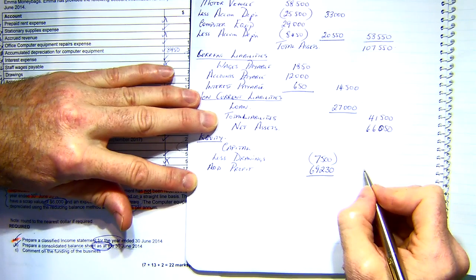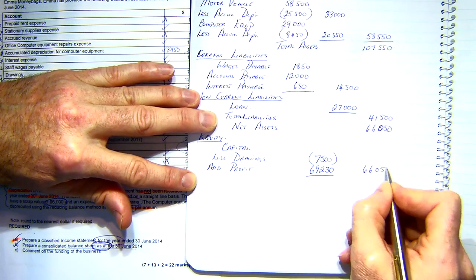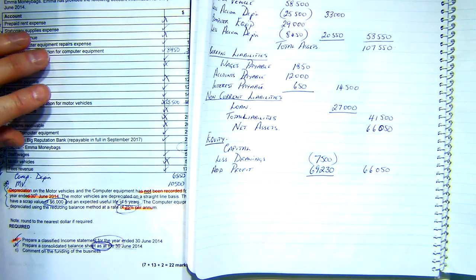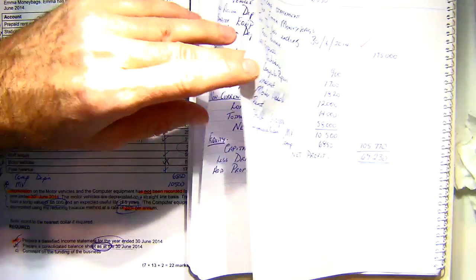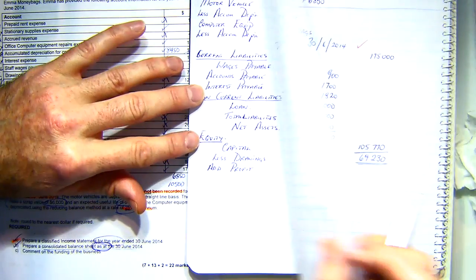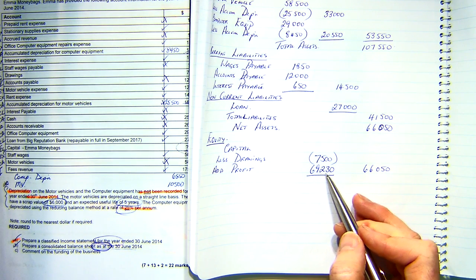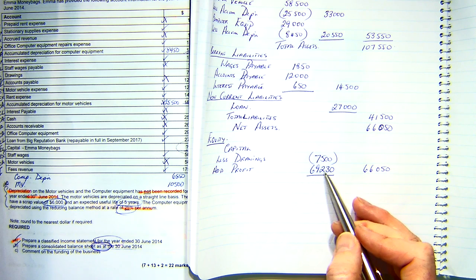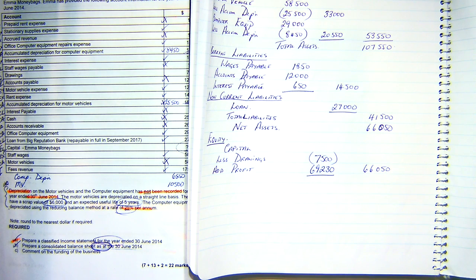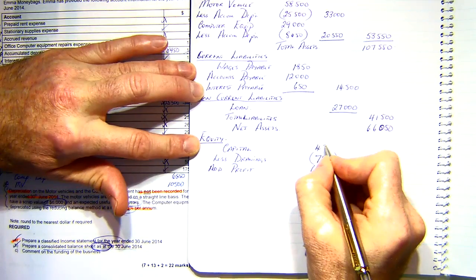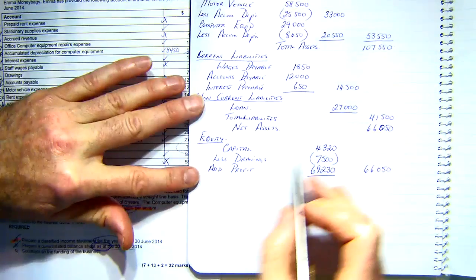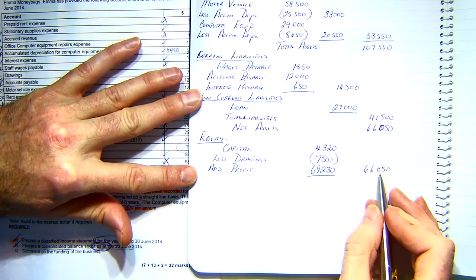And of course my equity has to come back to 66,050. And if I can find my calculator, or if someone can give me that calculation, what do we need to come into? Okay, 4,320 is what my missing capital figure is, and that'll give me that balance to there.